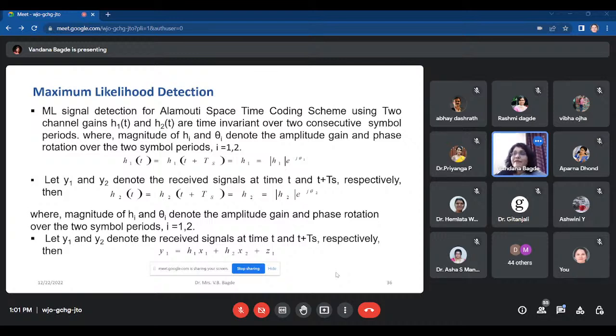We should know. Y is the signal in the form of transition probabilities which will contain the channel matrix, the information of the signal as well as the signal itself. So this Y1 will be received as the summation of H1 X1 plus H2 X2 plus noise. Because in between the channel there is noise, it is received with noise.